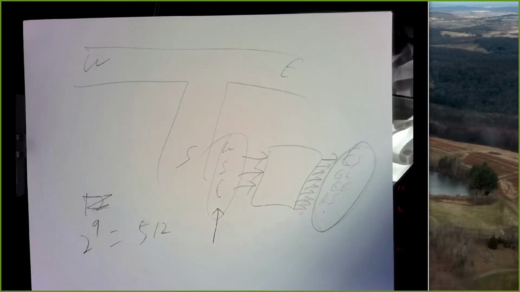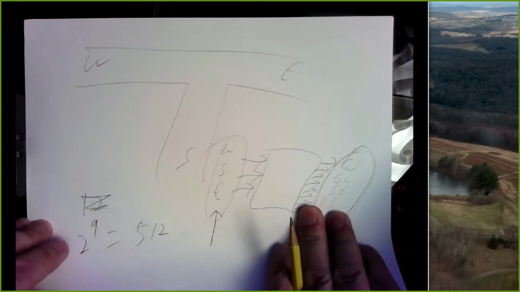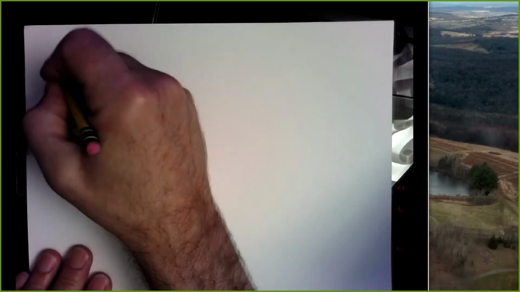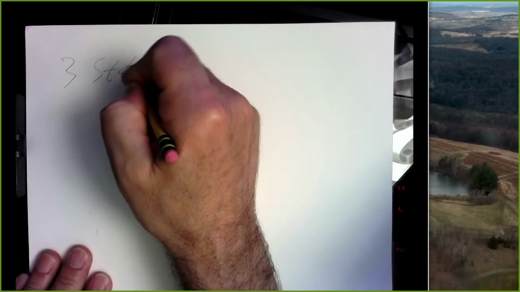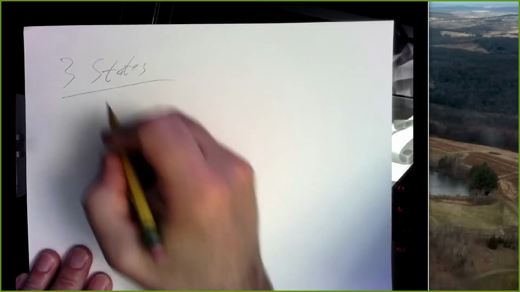So did anybody think about this in terms of how many different states there are for the traffic light controller? And what did you come up with? 3 states. All right. What are your 3 states? Red, green, yellow.